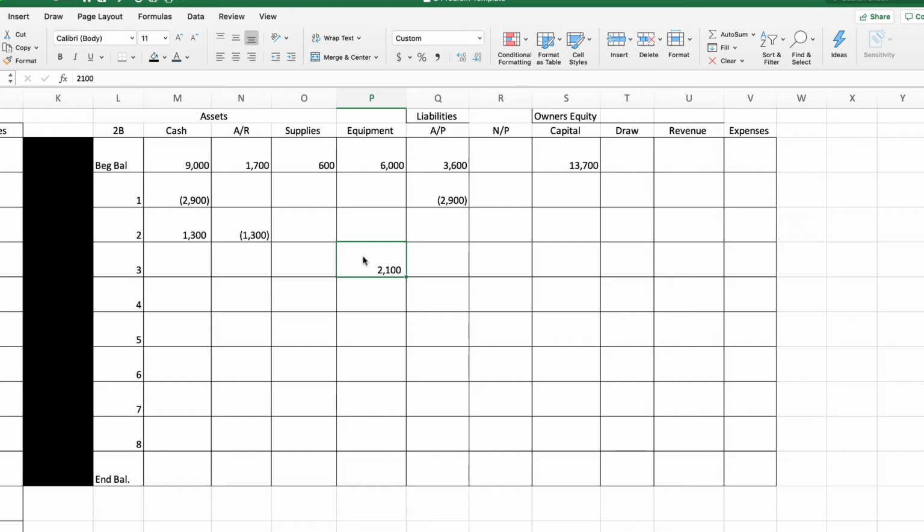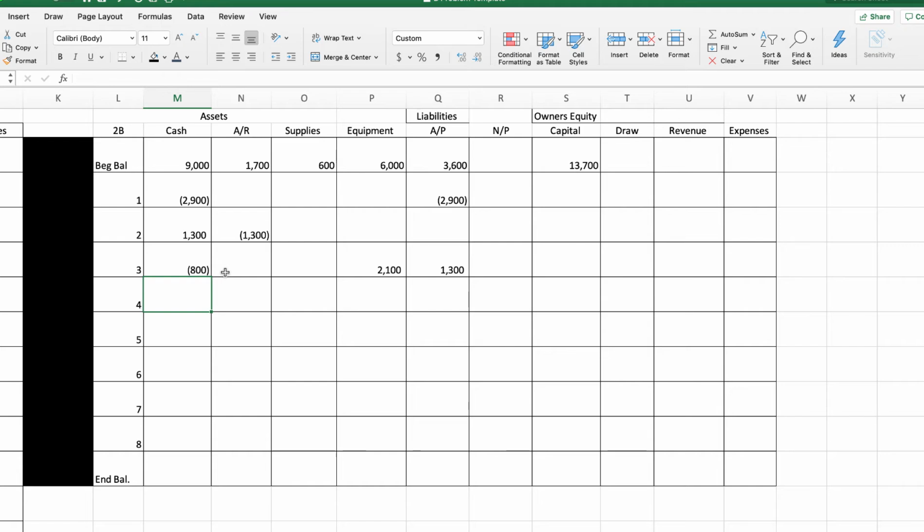We paid $800 in cash, and the balance on account means, I'll pay you later. Give me the equipment today, I'll give you $800 cash, and I'll owe you the remainder at some future date. So our equipment goes up by $2,100, our cash goes down by $800, and our liability goes up by $1,300.